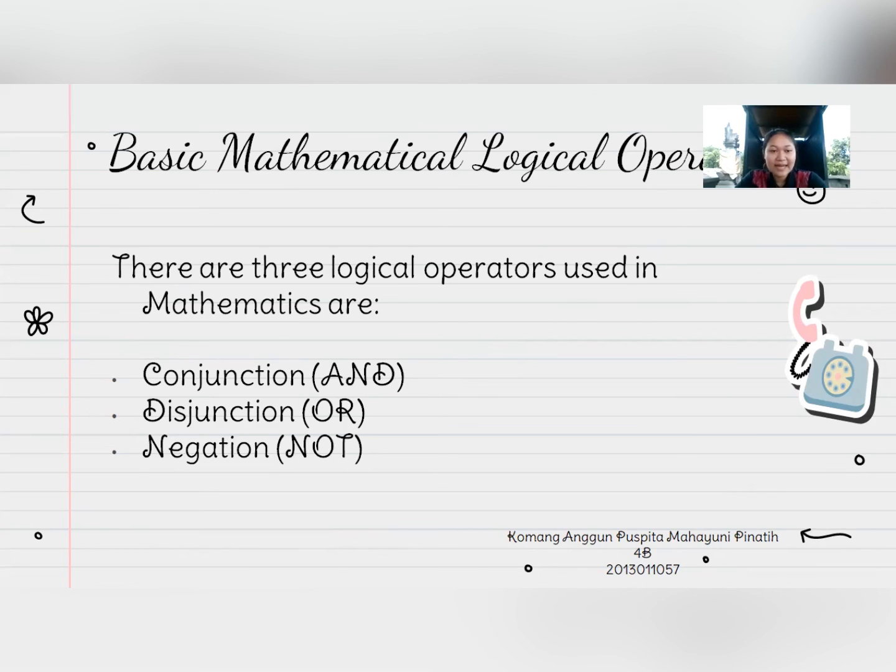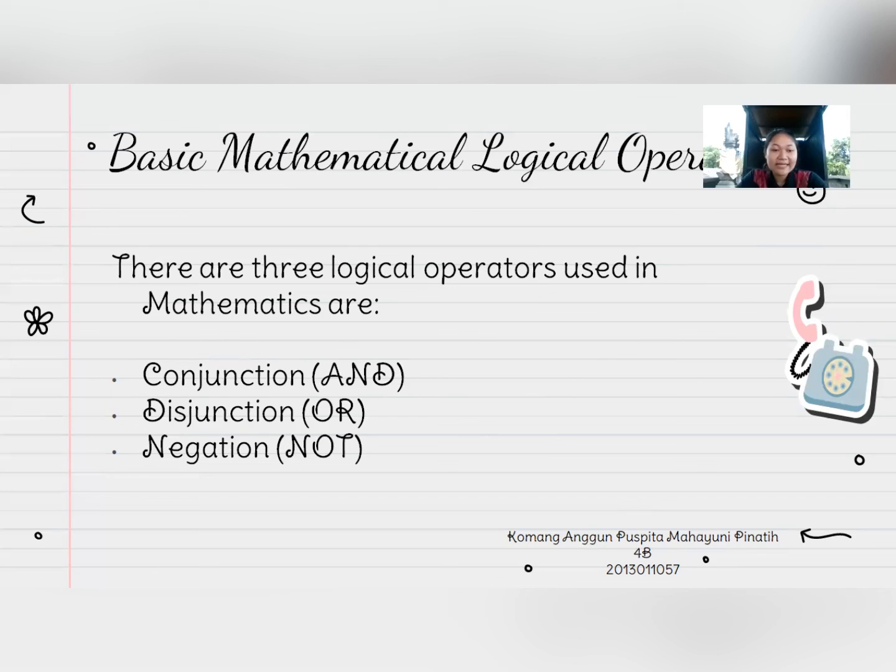The second is disjunction. It's "or". The disjunction of two statements P and Q is true if either P is true or Q is true, or both P and Q are true, and is false only if both P and Q are false.